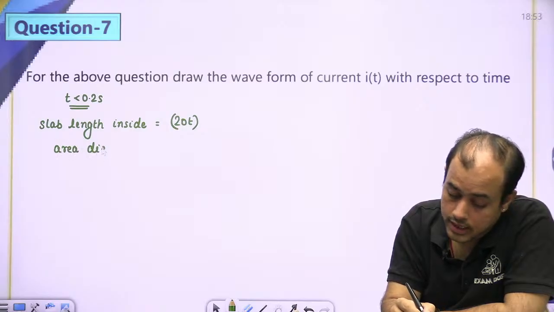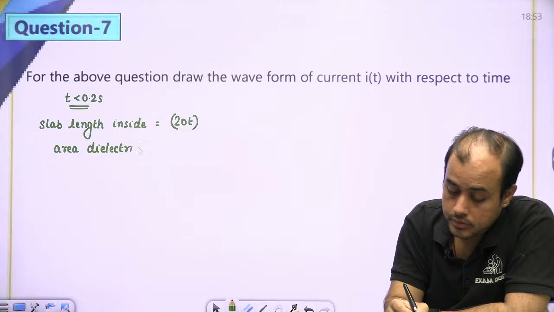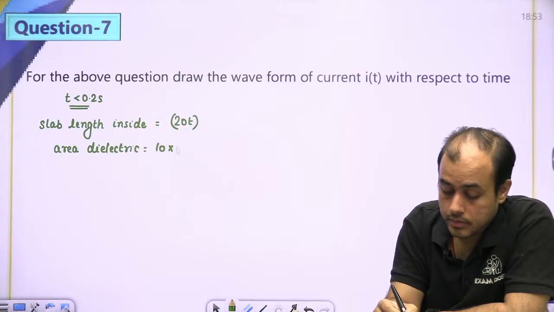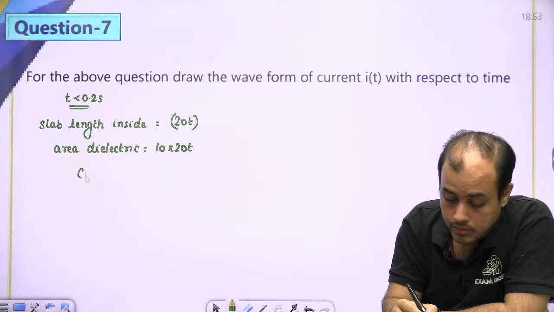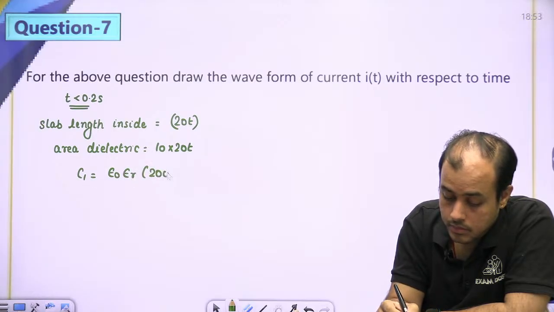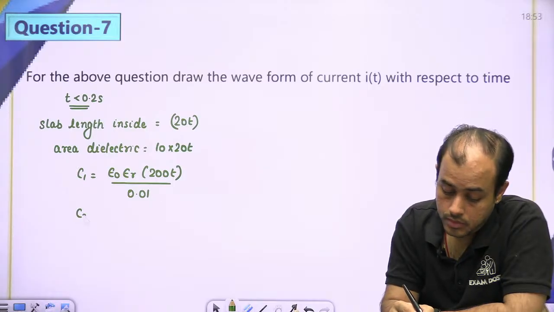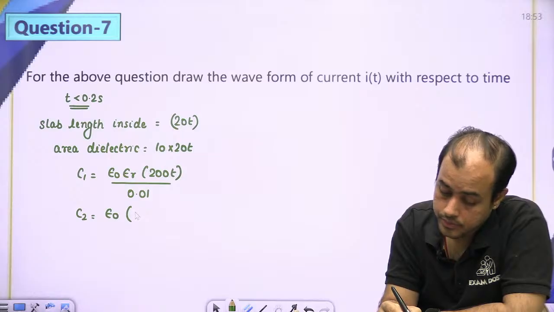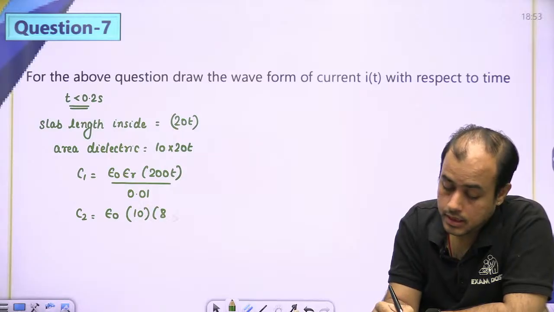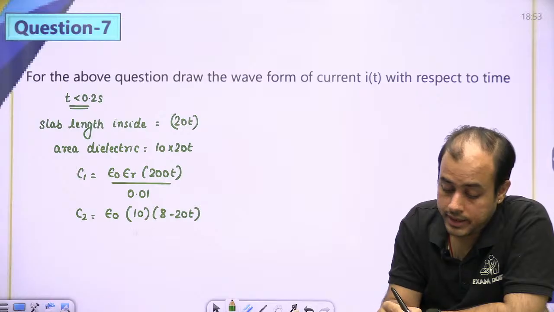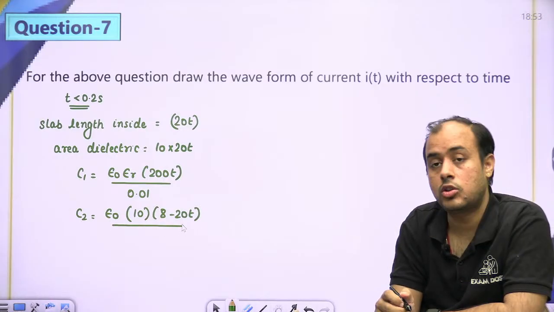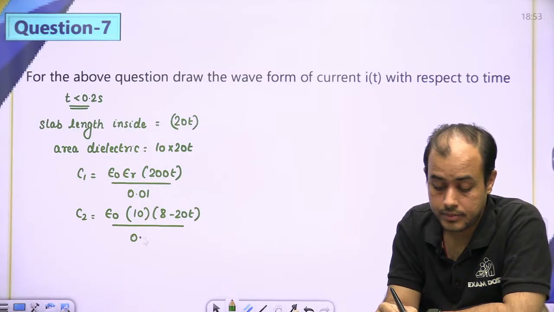So area of dielectric... the thickness of the air will be total minus the length of dielectric inside.